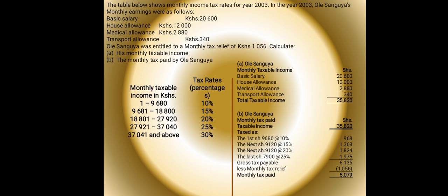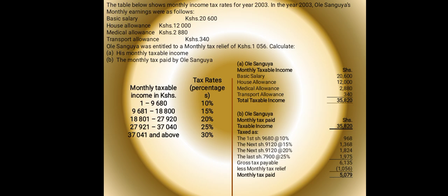Now, his monthly income is taxed as follows. The first 9,680 shillings, the tax is 968 shillings. Then the next 9,120, the tax is 1,368. The next 9,120, the tax is 1,824.